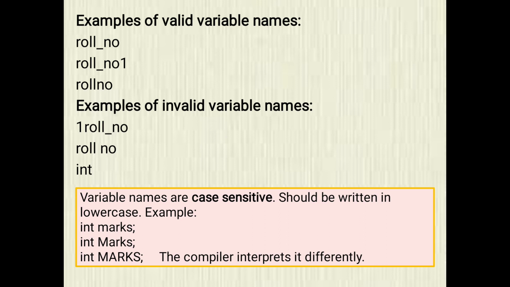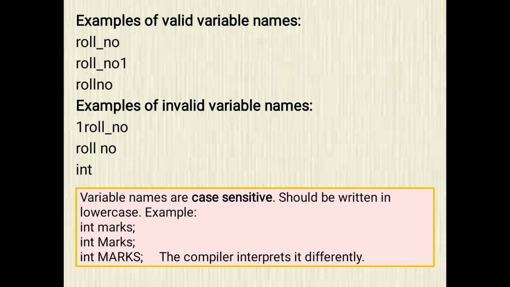In int marks, the first variable is in lowercase alphabets, all the letters are in lowercase. In the second case, int Marks, M is in capital, and in the third case, MARKS, all the alphabets are in capital. Now if they are used differently, it will not result in error.